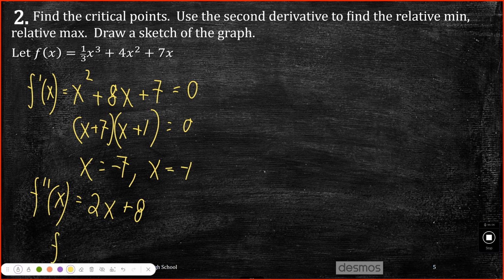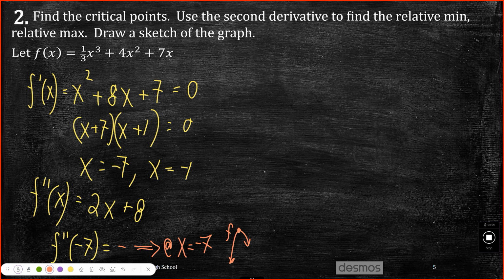So f double prime of -7 is equal to what? That is negative, so it is concave down. So at x equal to -7, the function f is concave down, so it is a relative max, no?